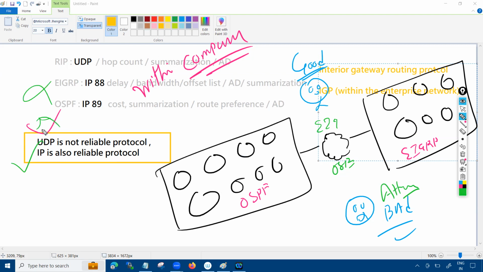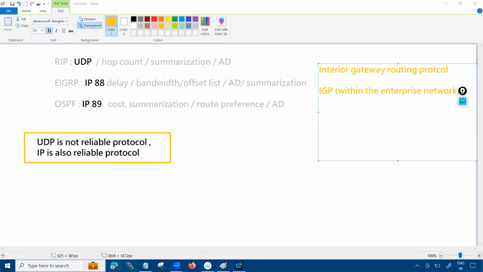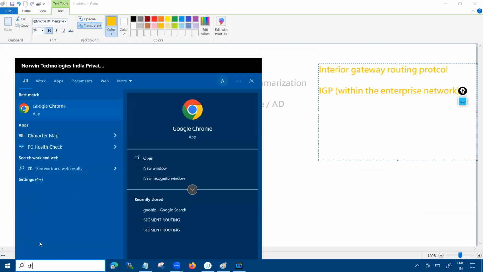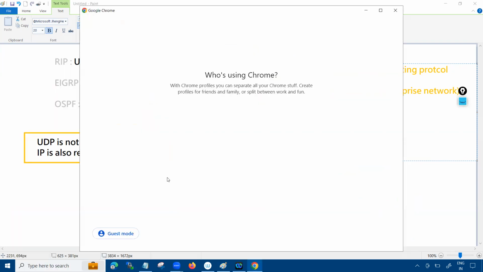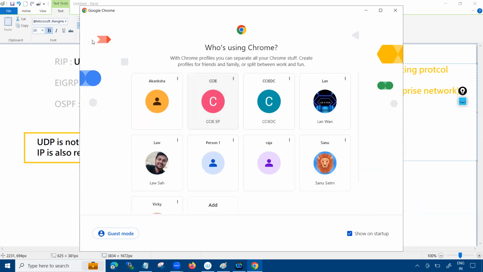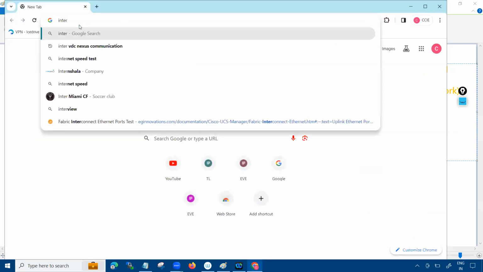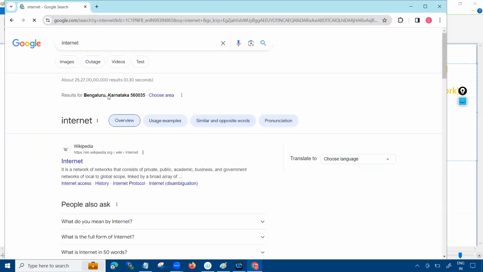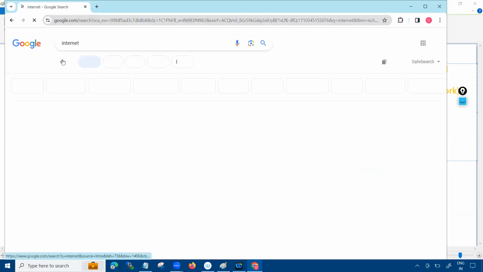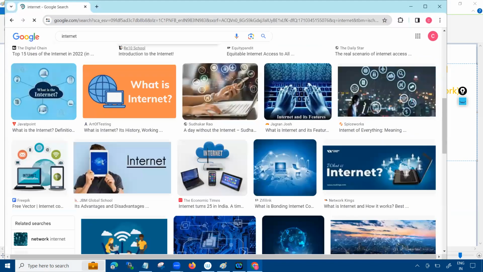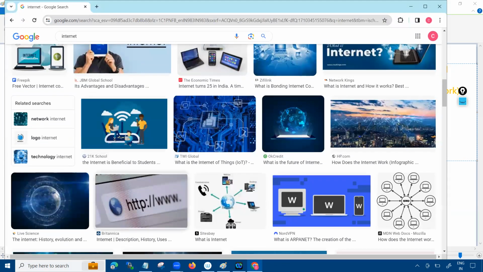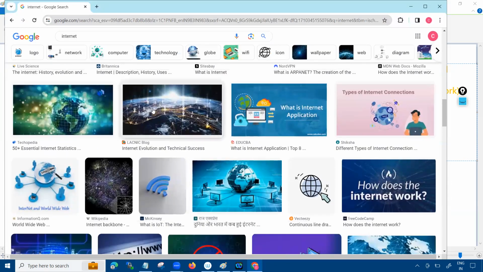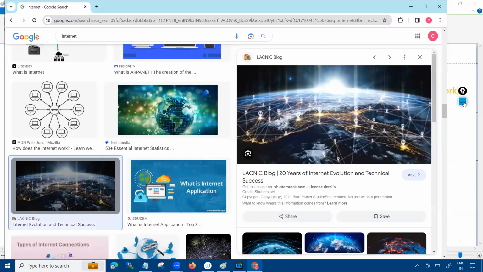Apart from this, let's take another example. The internet is very widely used, right? If you have a look at the picture of the internet, take the example of this diagram, understand the concept.